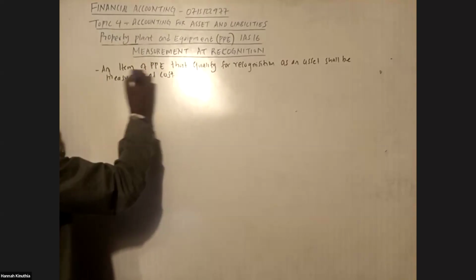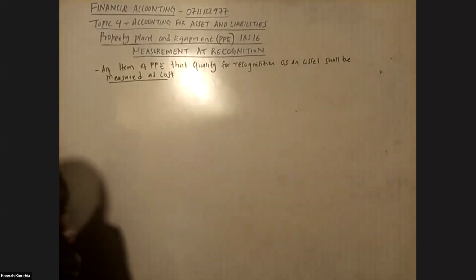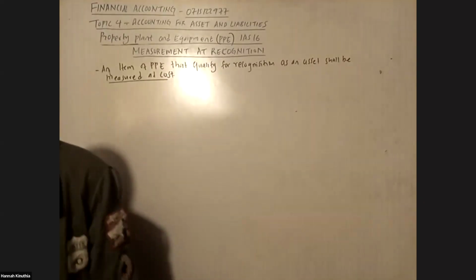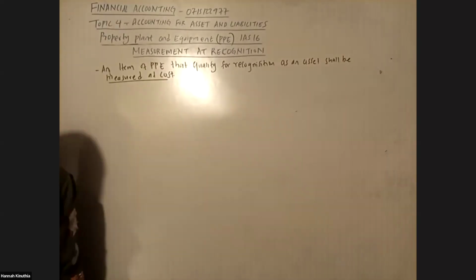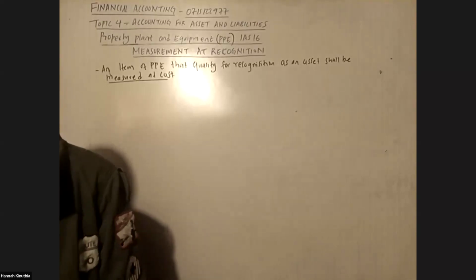That one is very important. Now that one is the initial measurement. So any item which qualifies for recognition shall be measured at cost.